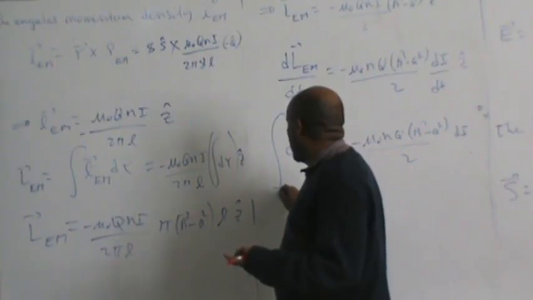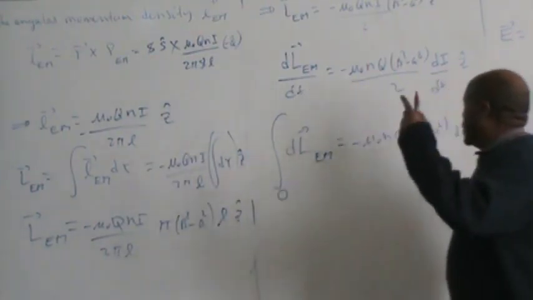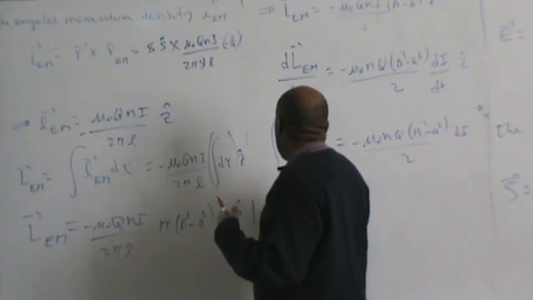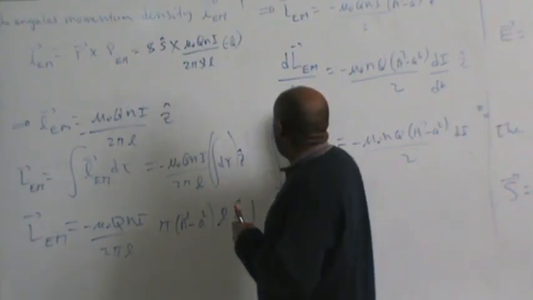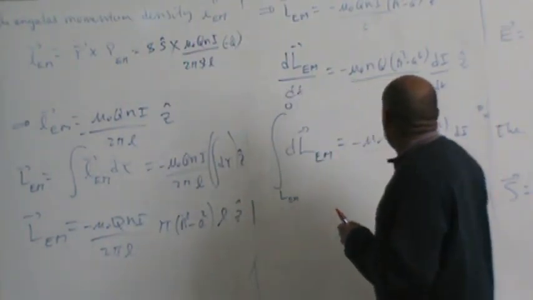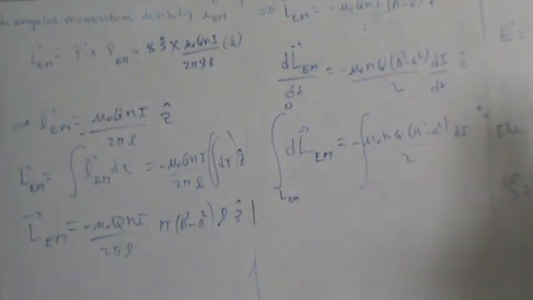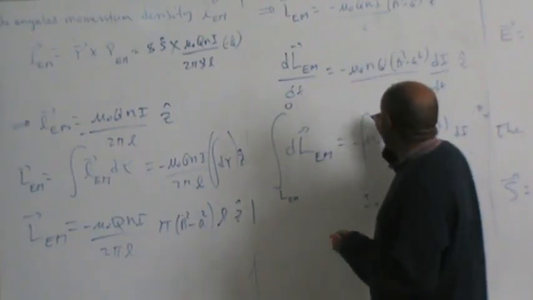Or, if I want to find the angular momentum lost by the electromagnetic field as we decrease the current, it should be L_EM, that was the initial, when there was a current I, to 0, and this one should be from what to what? From I naught, whatever initial value, to 0.